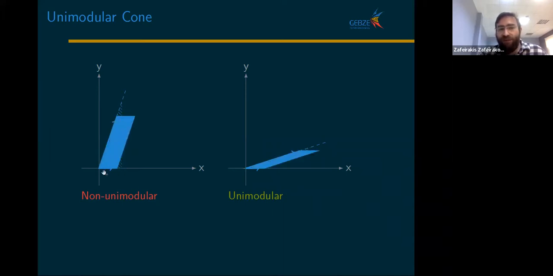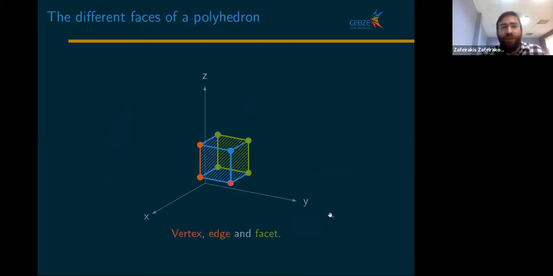If these are the generators of the cone, the number of lattice points in this half-open region is called the index of the cone, and it's equal to the absolute value of the determinant of the generator matrix. If this is plus or minus 1, then the cone is called unimodular.